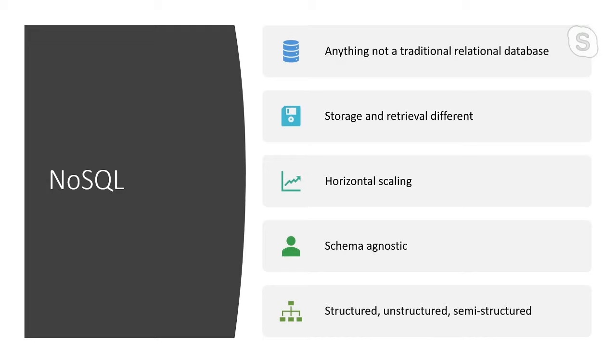NoSQL allows for simplicity of design, easy horizontal scaling, and finer control over availability. In relational databases, horizontal scaling was really tough.